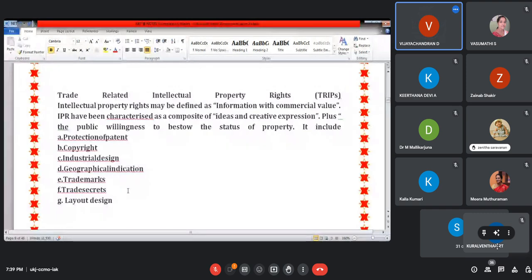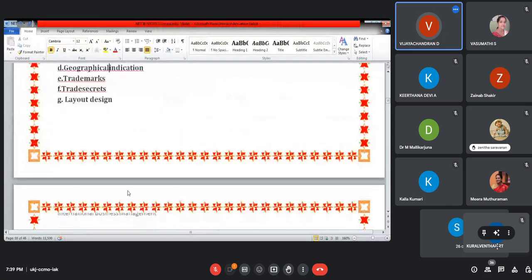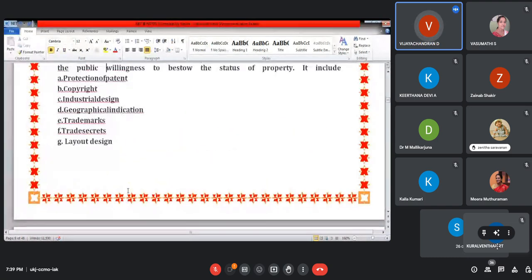Okay. So as you know, patent. Patent is relevant to a tangible product, like Coca-Cola or KFC or any car. Anything where you have a way of production, that is patent.